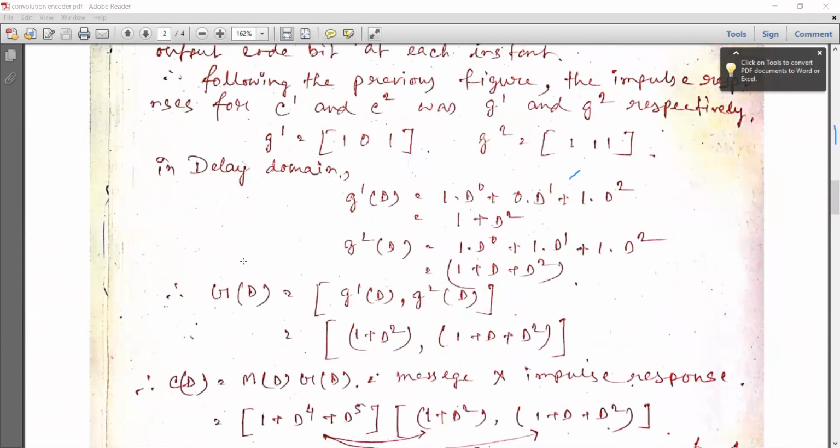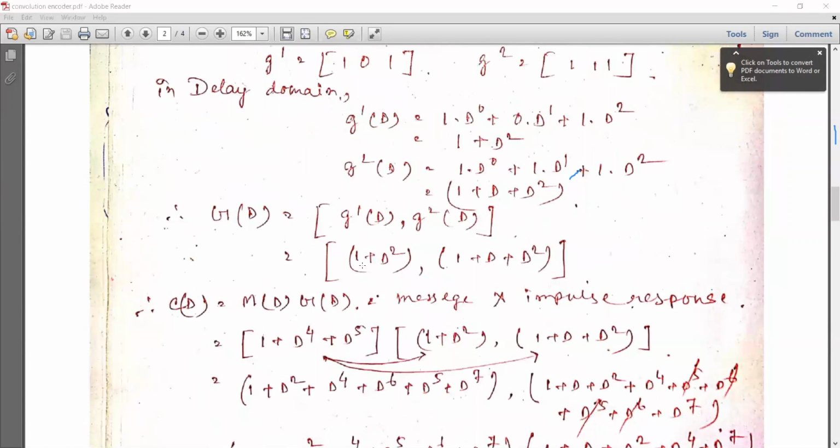So we have to write this ultimate impulse response, that is capital GD, in a form like this. That means G1D and G2D will be side by side. Okay, so we are placing this side by side. That means 1 plus d square and 1 plus d square.